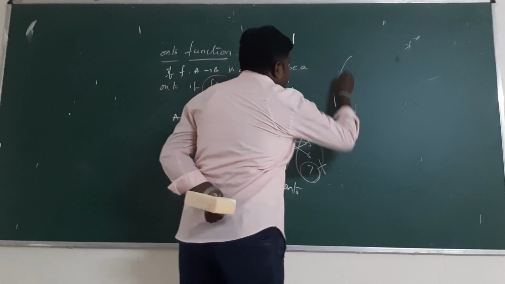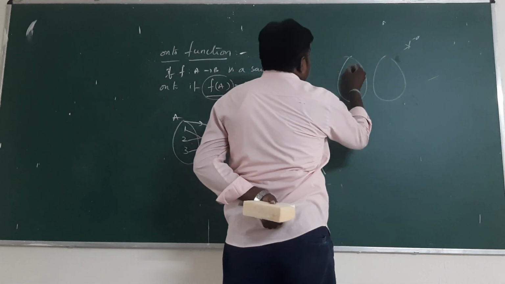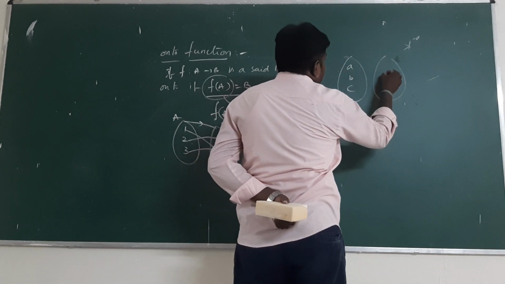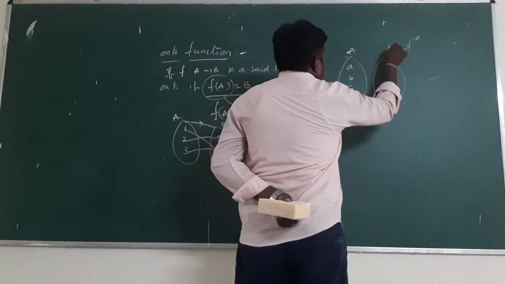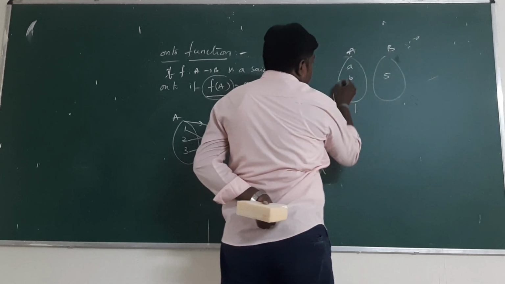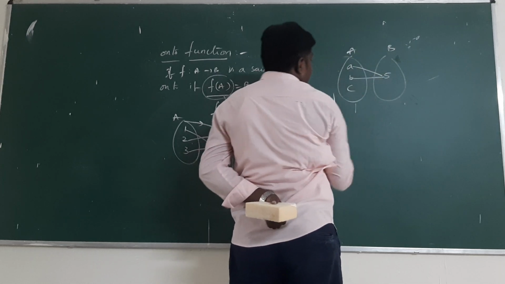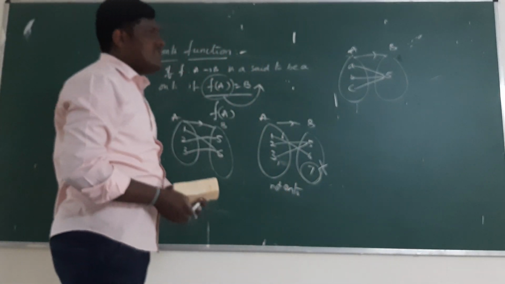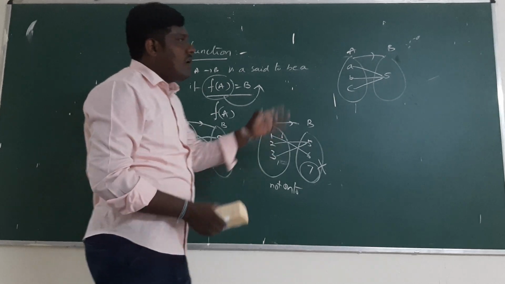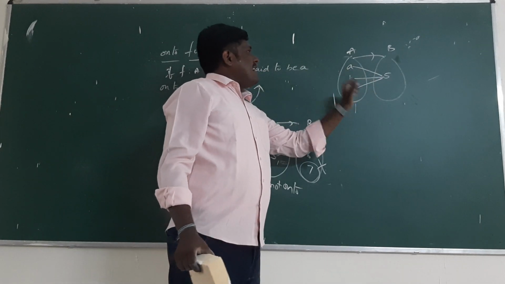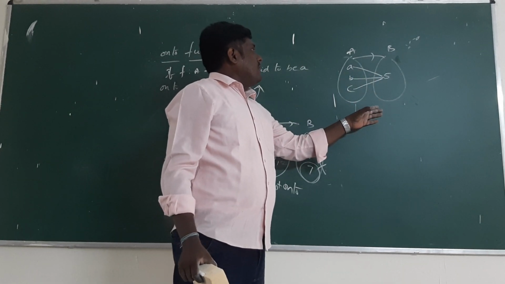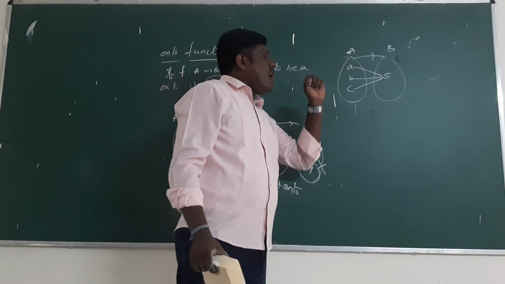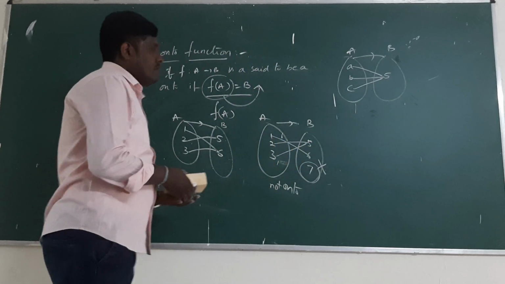See, A and B. a is mapping with 5, b is also mapping with 5, c also mapping with 5. Is it onto function? Yes, it is absolutely onto function because all the elements in the set B are mapping. That's why it is onto function. Okay?